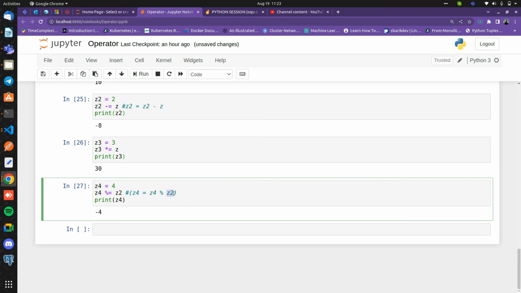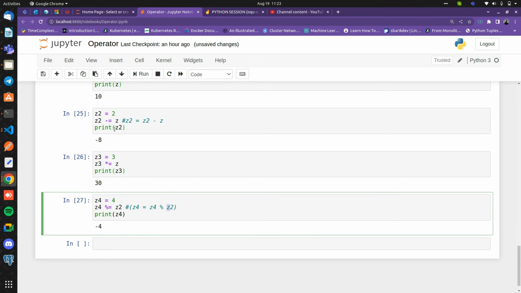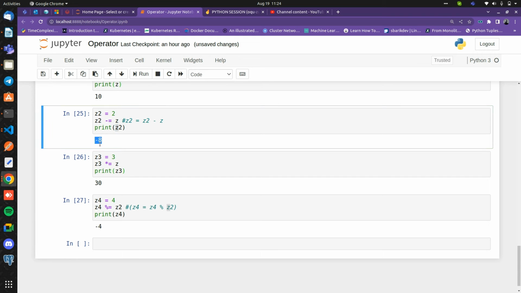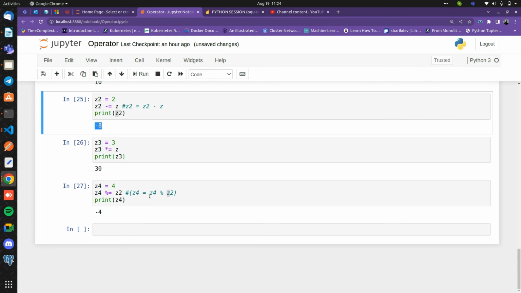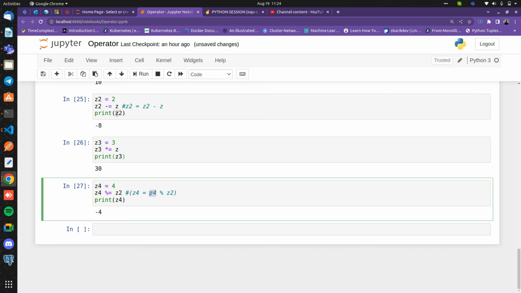If our dividend is 4 in Z4, and the remainder is with Z2, which is minus 8, it will always give you the smallest number. The Z4 is the smallest number, so it will give you the smallest number.